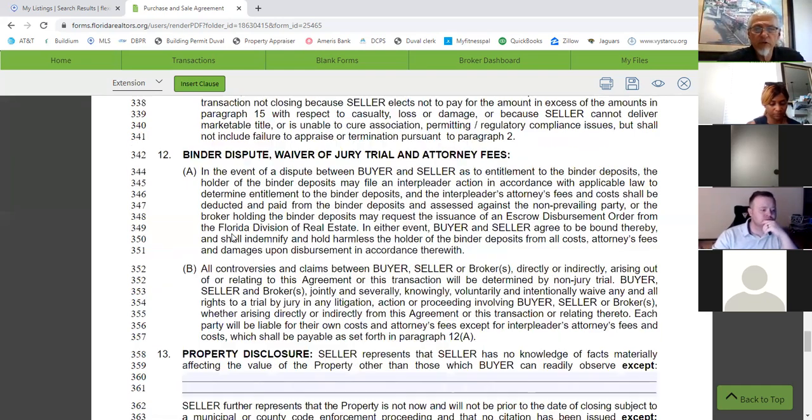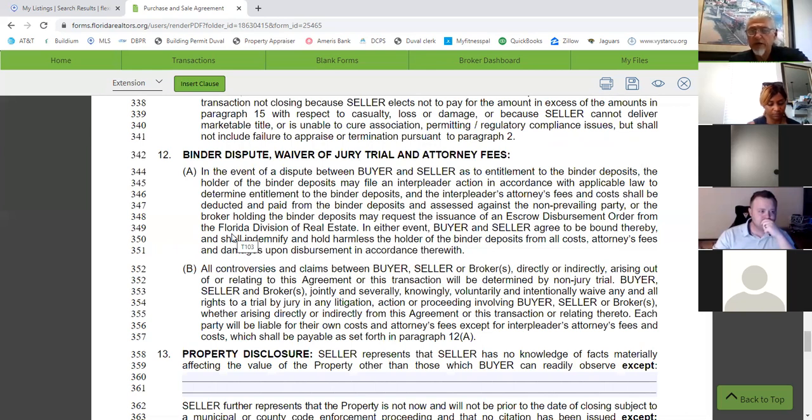Binder dispute and waiver of jury trial. Remember what we said in the beginning? If you didn't put it with the real estate company, you wouldn't have the rights under paragraph 12. Okay, this is paragraph 12, and it says in the event of a binder dispute between buyer and seller as to the entitlement to the binder deposits, the holder of the binder deposits may file an interpleader action in accordance with.